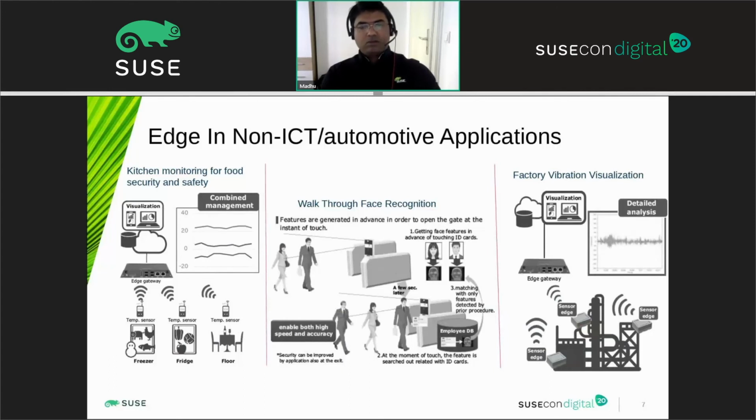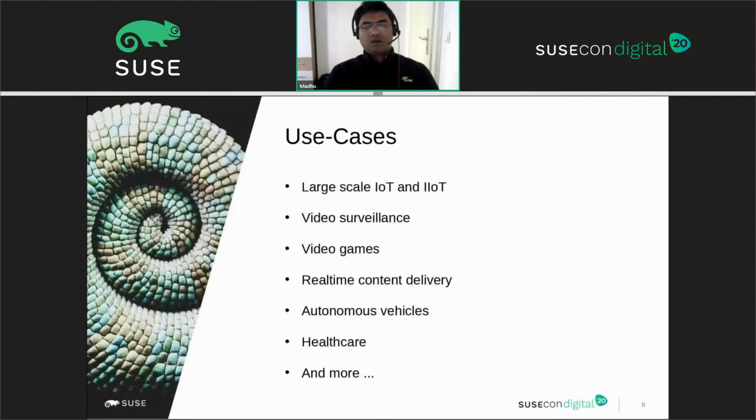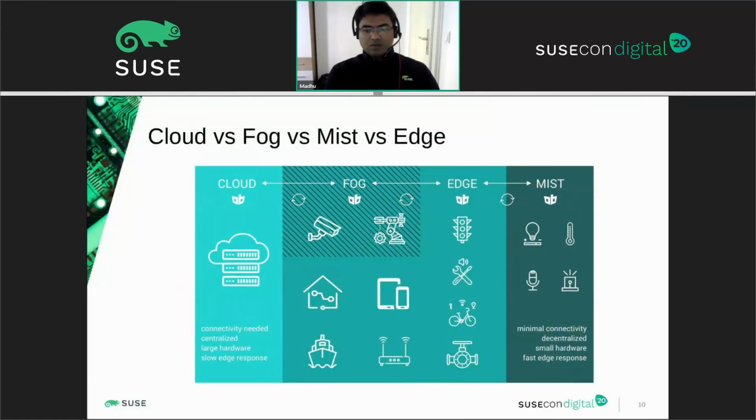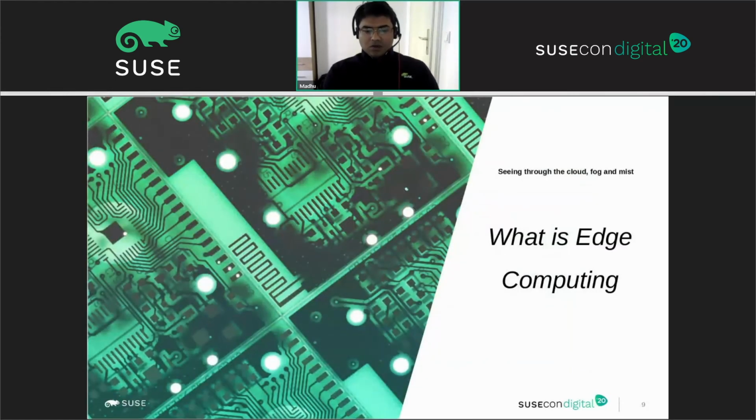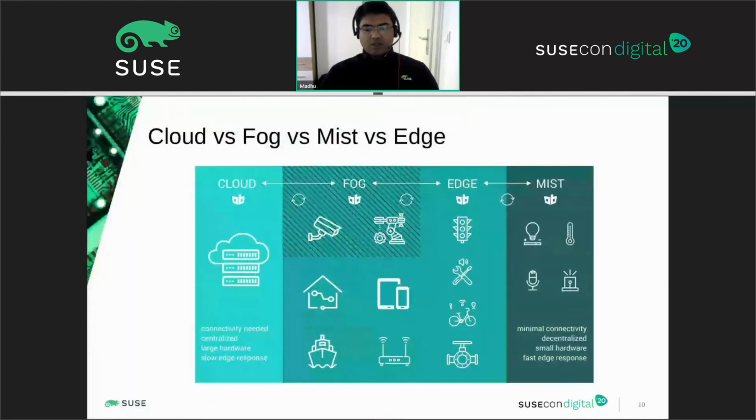So let's understand what edge computing is. These are again the list of use cases you can think about and the domains it's going to touch. First of all, let's differentiate among various buzzwords: cloud versus fog versus edge versus mist.